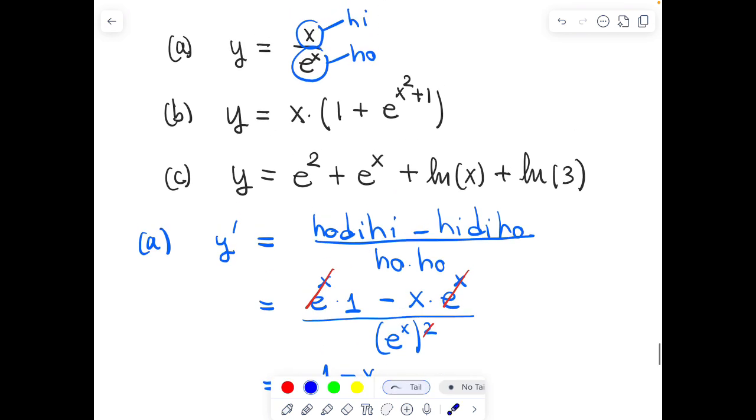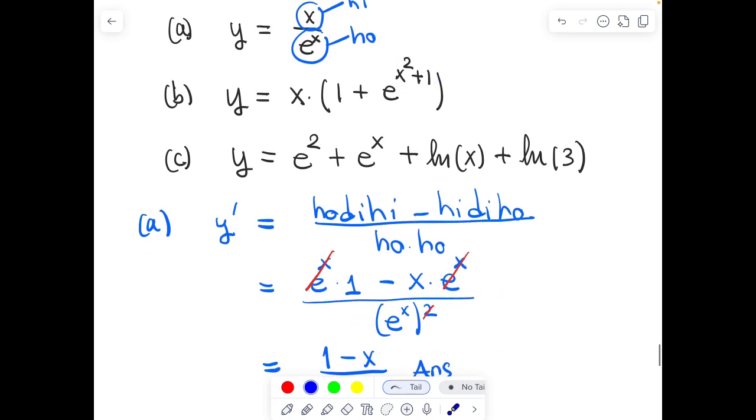So to look at part B, function y is equal to x multiplied with 1 plus e to the x squared plus 1. So this is an exponential function where the power is not x, but it's x squared plus 1. Okay, so how do we do this? If you look at the big picture of this function, you see that we got x multiplied with some other function of x. So we can apply product rule.